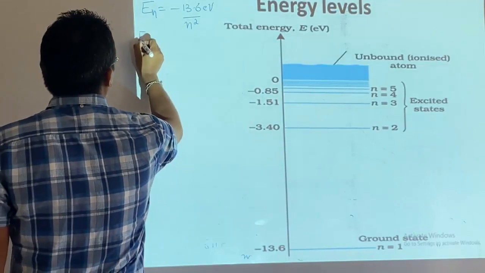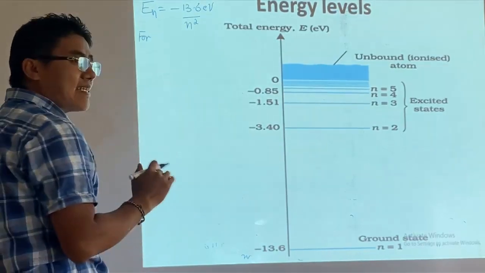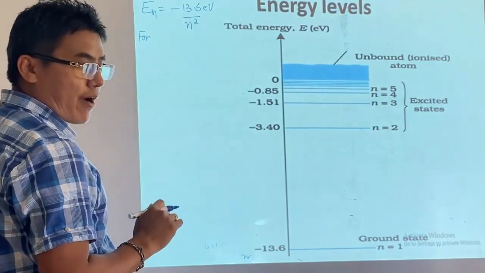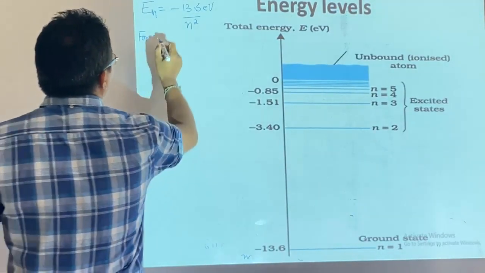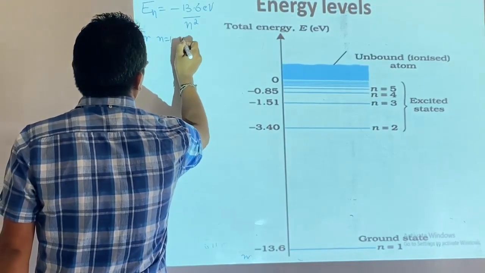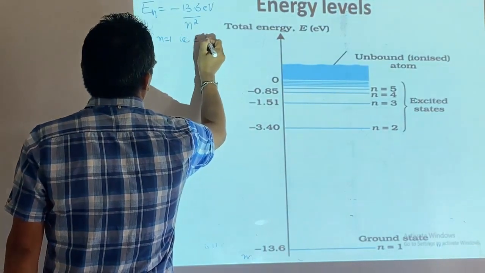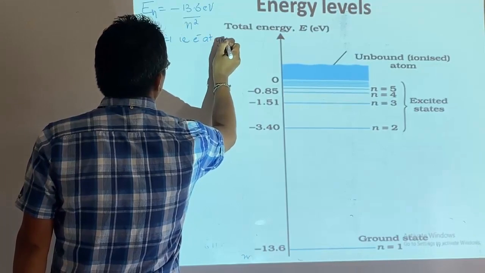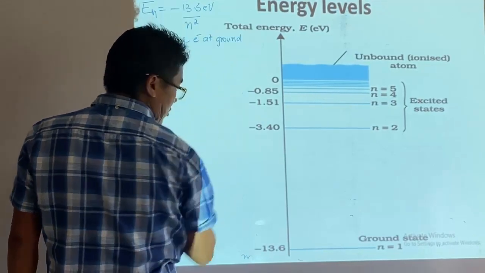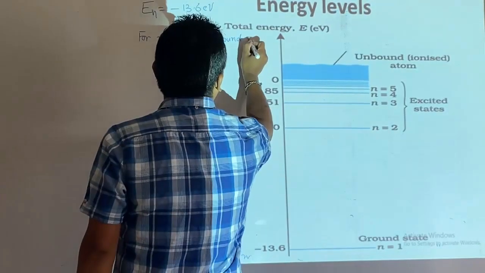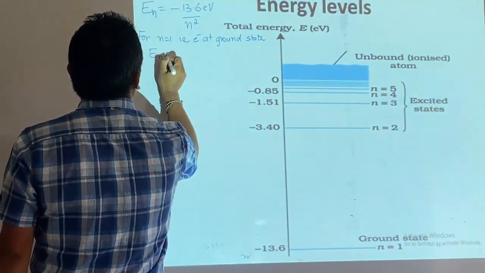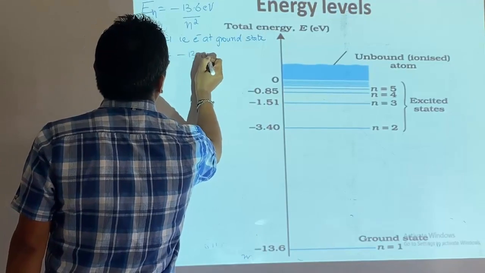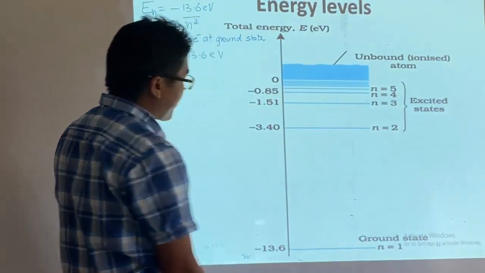Now I can get different energy levels for an atom. For n equal to 1, that is the ground state, the electron at the ground state has a value of minus 13.6 electron volt.